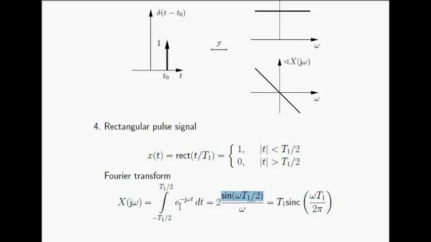Okay, sine function, because I'll get something like e to the power j omega t minus e to the power minus j omega t upon 2j, something like that. So I can write it in the sine function. Now I have multiplied T1 by 2 on both sides, so I'll get T1 sin(omega T1 by 2) upon omega T1 by 2, which is T1 sinc(omega T1 upon 2 pi).